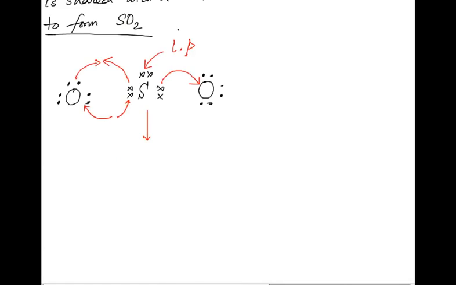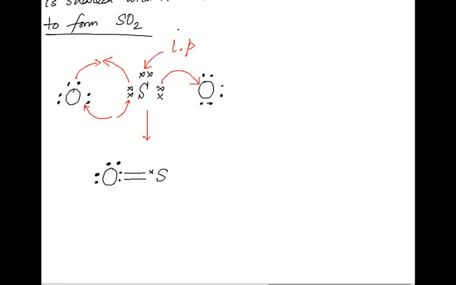So the structure of sulfur dioxide now stands as follows: you have oxygen, then a double bond, then sulfur.